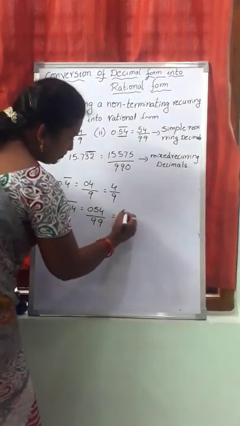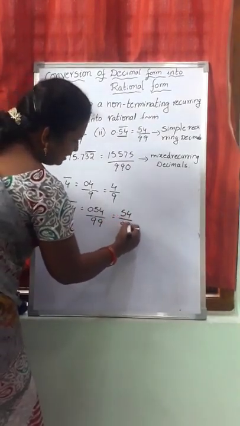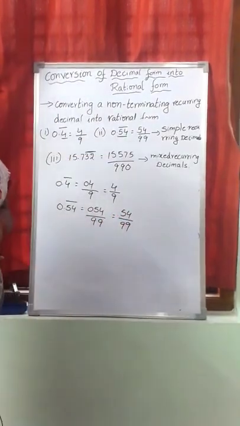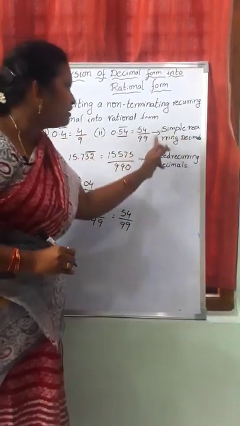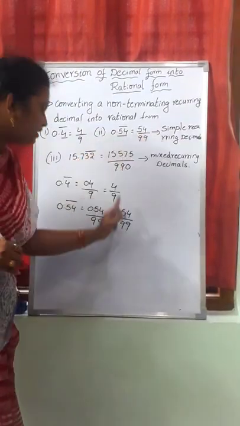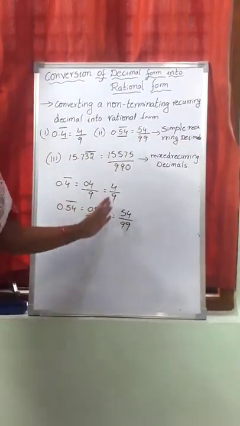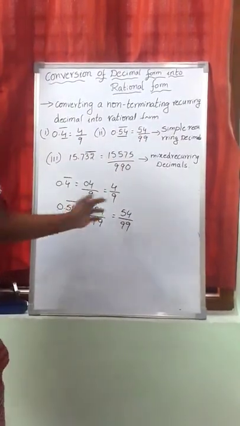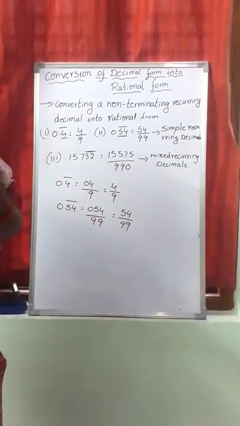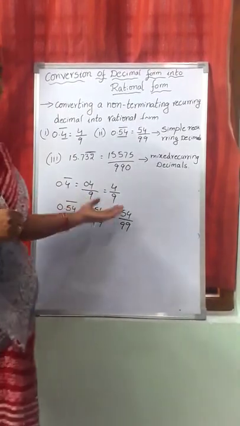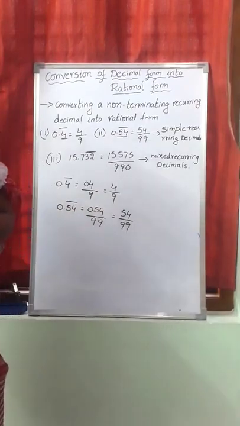So, the value is 54 by 99. Got the value? Understand how to convert a simple recurring decimal into the rational form. It is the shortcut, meaning for giving the answers for bits. Within 15 or 20 seconds you can give the answer.